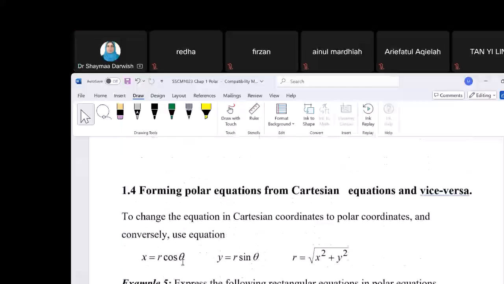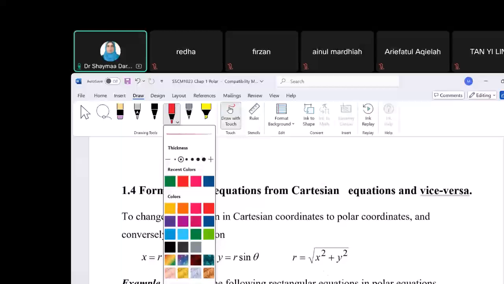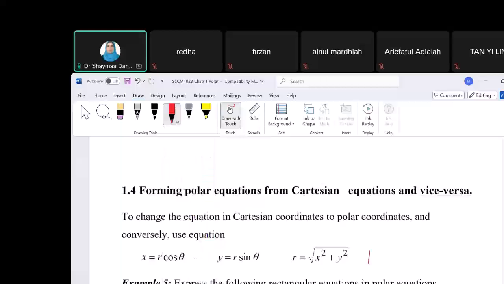But we still use the same relations: x equal to r cos theta, y equal to r sine theta, r squared equal to x squared plus y squared, and the fourth one, tan theta equal to y over x, or theta equal to tan inverse y over x. Only these 4 relations you can use to convert from polar to Cartesian or from Cartesian to polar.